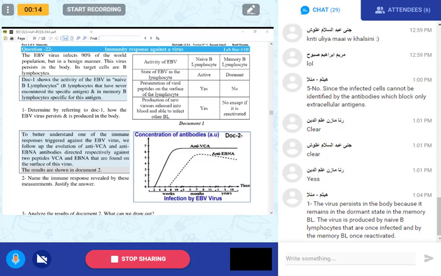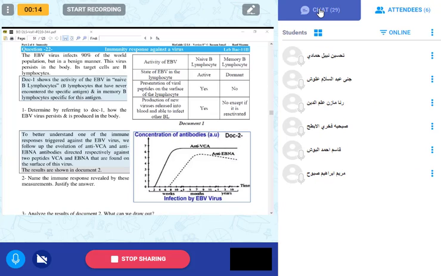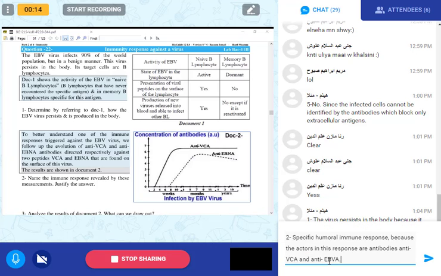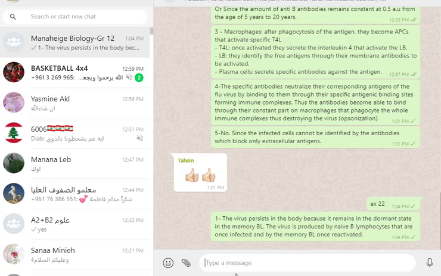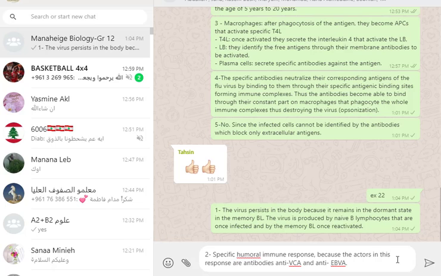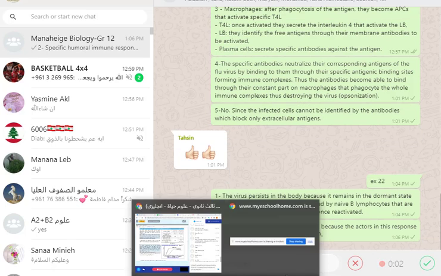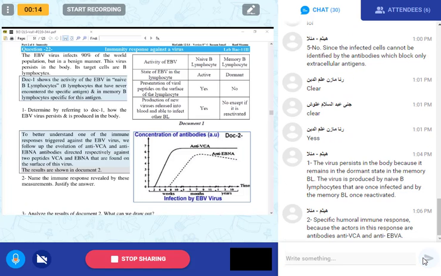Yalla, which immune response? استاذ هون كمان humoral immune response. لا humoral صح. Specific humoral immune response. Why يا مريم؟ لأنه the actors here are the antibodies, anti-VCA و anti-EBNA.